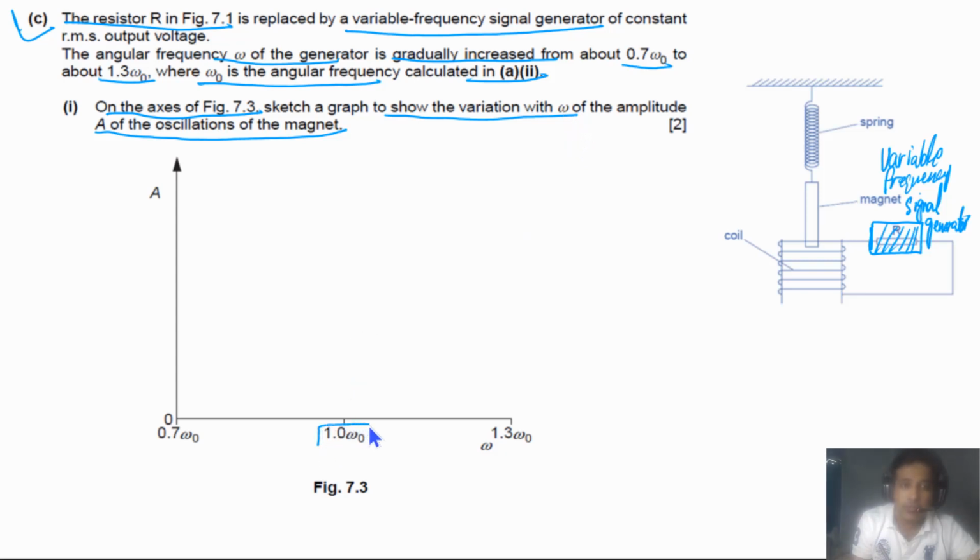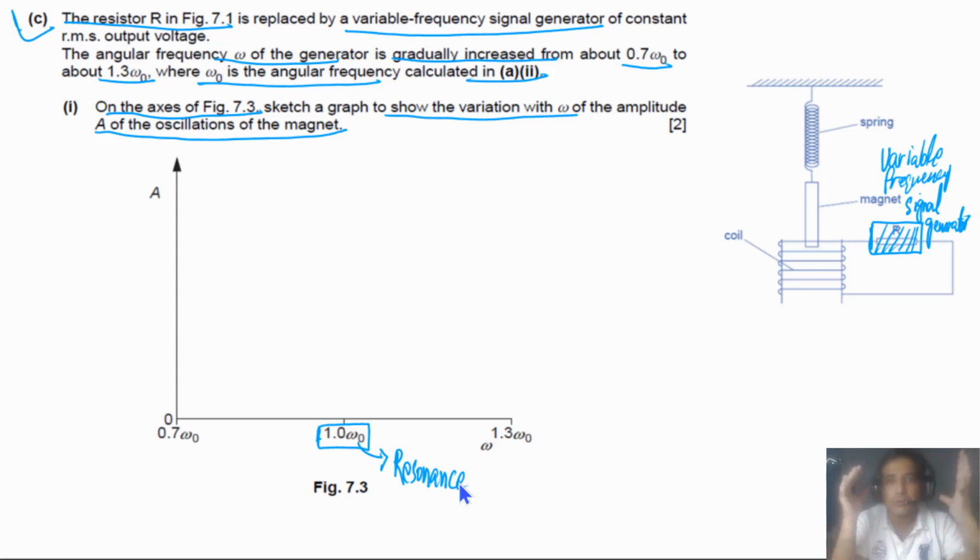So resonance takes place because the driving frequency is equal to the natural frequency of this harmonic oscillator, and when resonance takes place, the amplitude of oscillations will be maximum, and if we increase the frequency more, it will start to decrease.